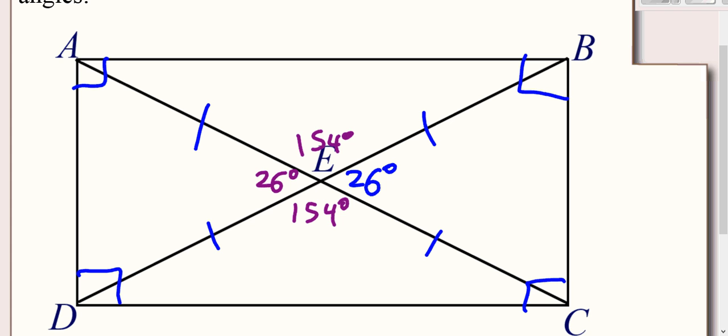That's the isosceles triangle theorem. You could apply that to all of these four triangles that get split into. They're all isosceles triangles, so these base angles are going to be congruent also.